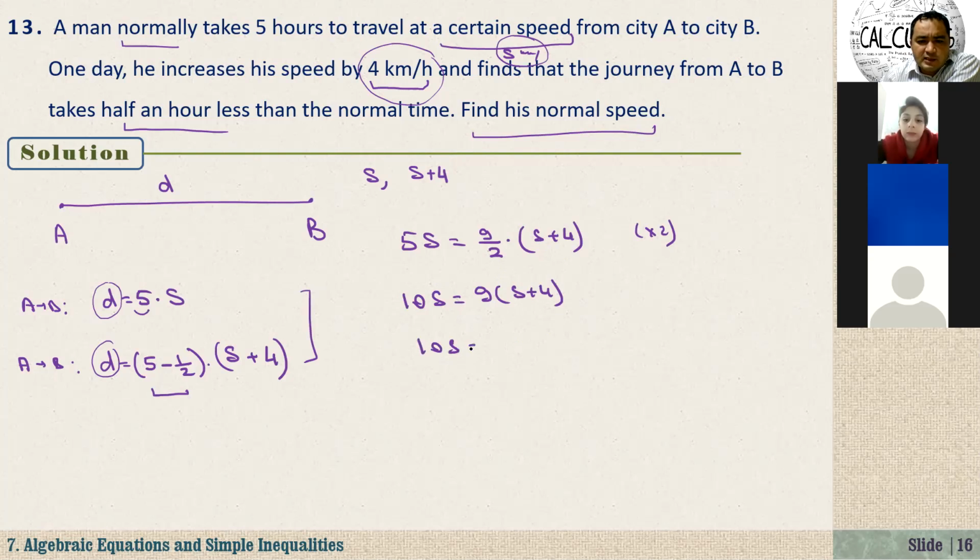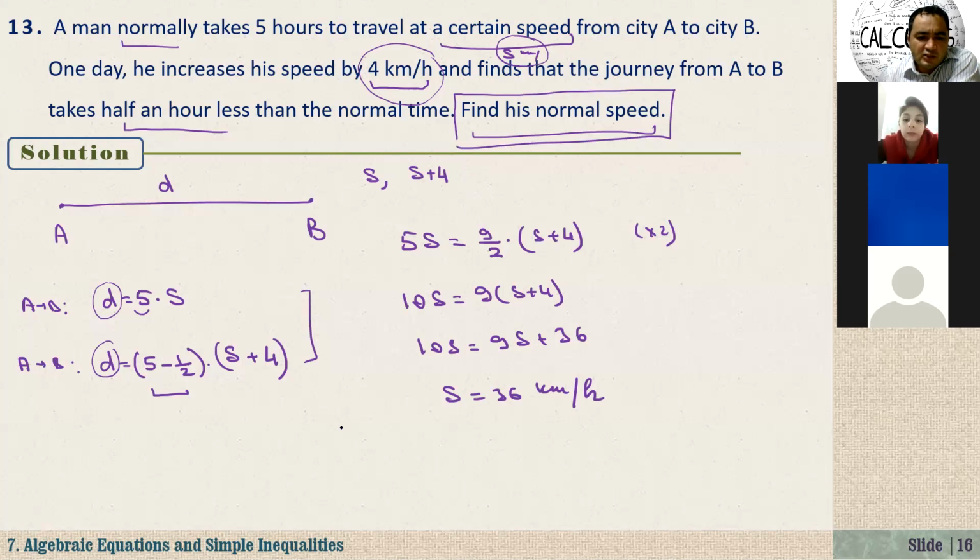Or 10s is equal to 9s plus 36. Take 9s to the left-hand side. 10s minus 9s, that's equal to s. That's equal to 36 kilometers per hour. So what is the question here? Find his normal speed. So his normal speed was 36 kilometers per hour.